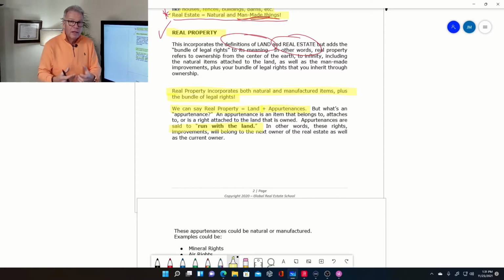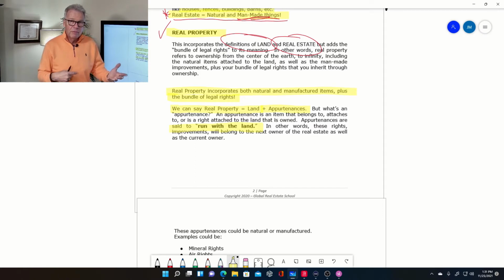In other words, they're going to stay a part of that until an event would terminate that. If I have an easement on my property, that is going to transfer to you if I sell to you, and that will stay there indefinitely unless you at some point want to relinquish the easement.